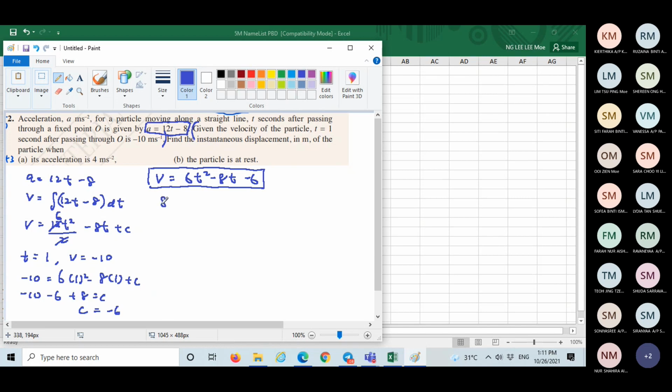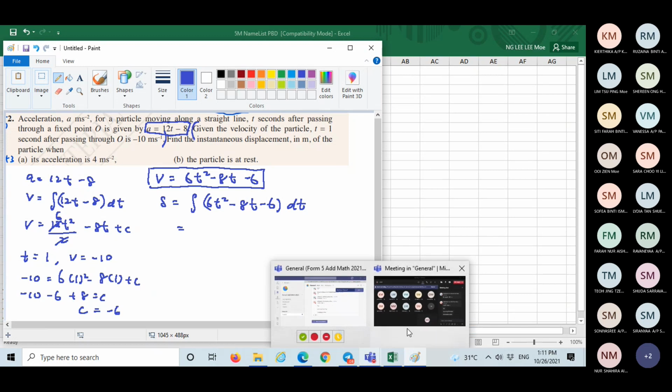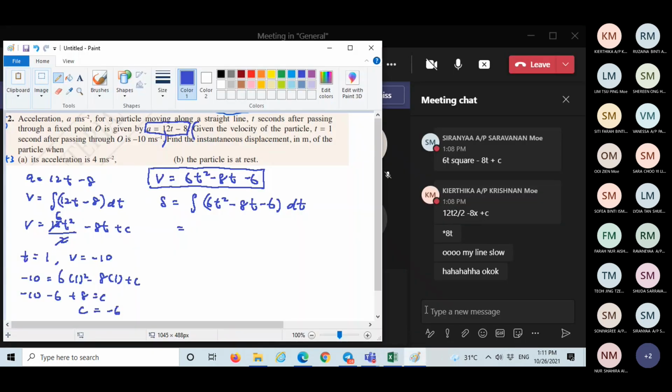Okay, next, proceed. I want to find s by integrating the v with respect to the t. Next go, Sonia 3. Can you do the integration? Sonia 3 here.